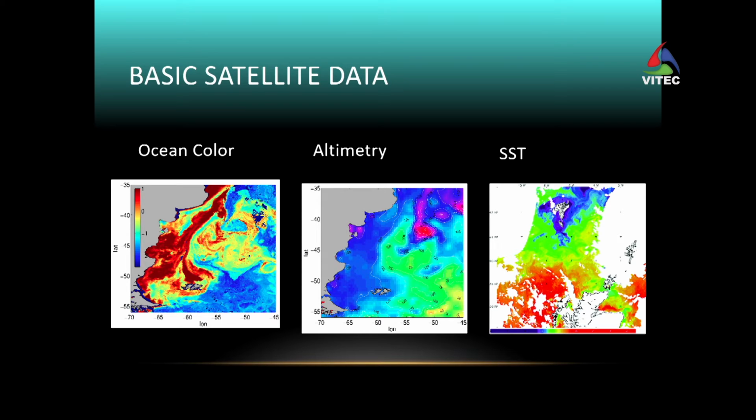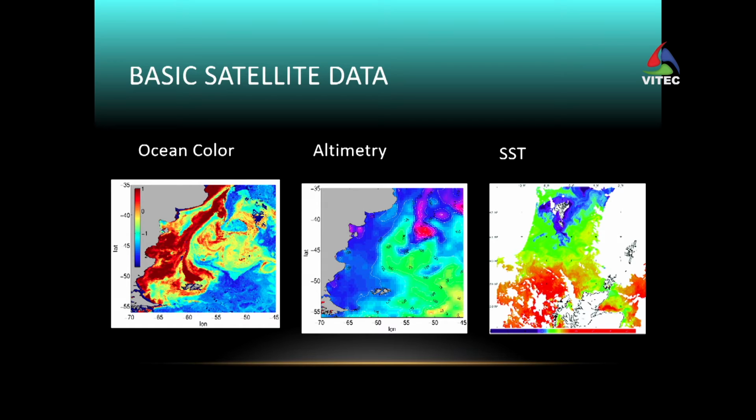Basic satellite data that are used to describe the environment are now ocean color. As I showed you before, it allows us to detect blooms of phytoplankton. As you can see in the first image on the left, this is the region of Patagonia with the confluence between the Brazilian and Malvinas currents.